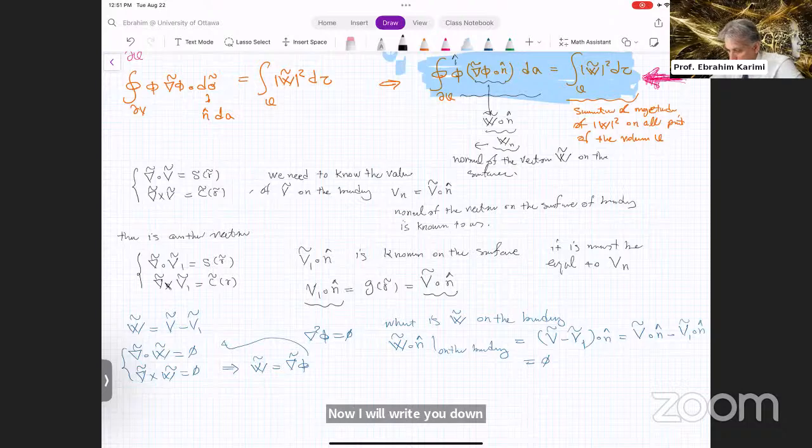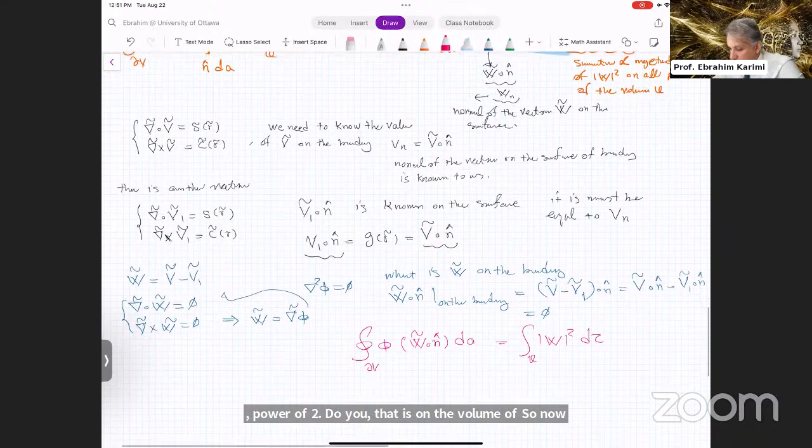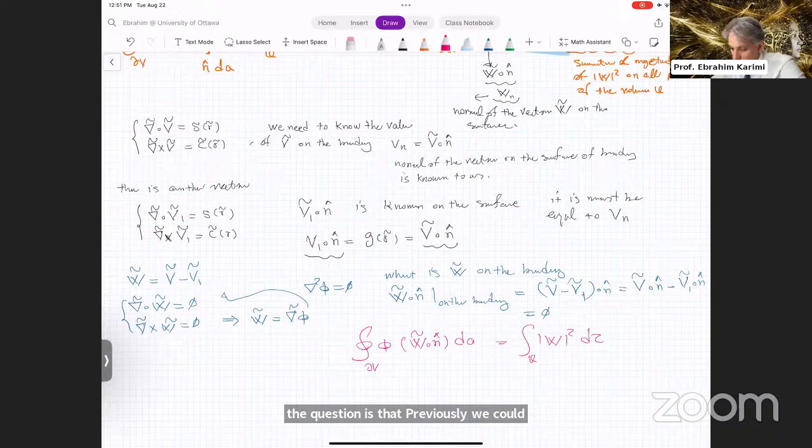I have the integral of phi W dot n dA on the surface is equal to the integral of W power of 2 d tau on the volume of V. So now the question is that previously we could not define it uniquely, but now what is W dot n on the surface?